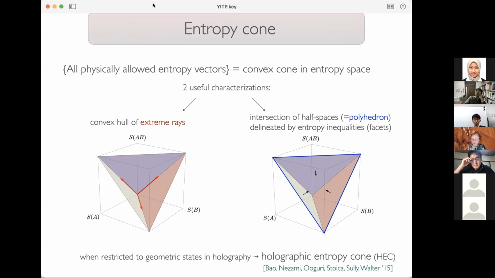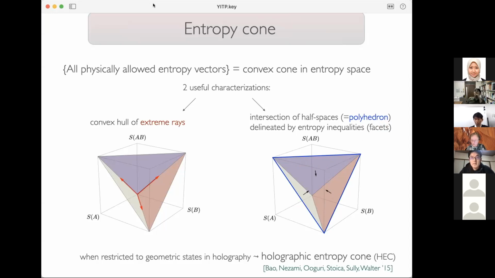And so that sort of tells you that you're below this plane, and there are other hyperplanes in this entropy space, and the oriented hypersurfaces form half spaces, and the intersection of those half spaces is this cone, or what we dub the polyhedron.